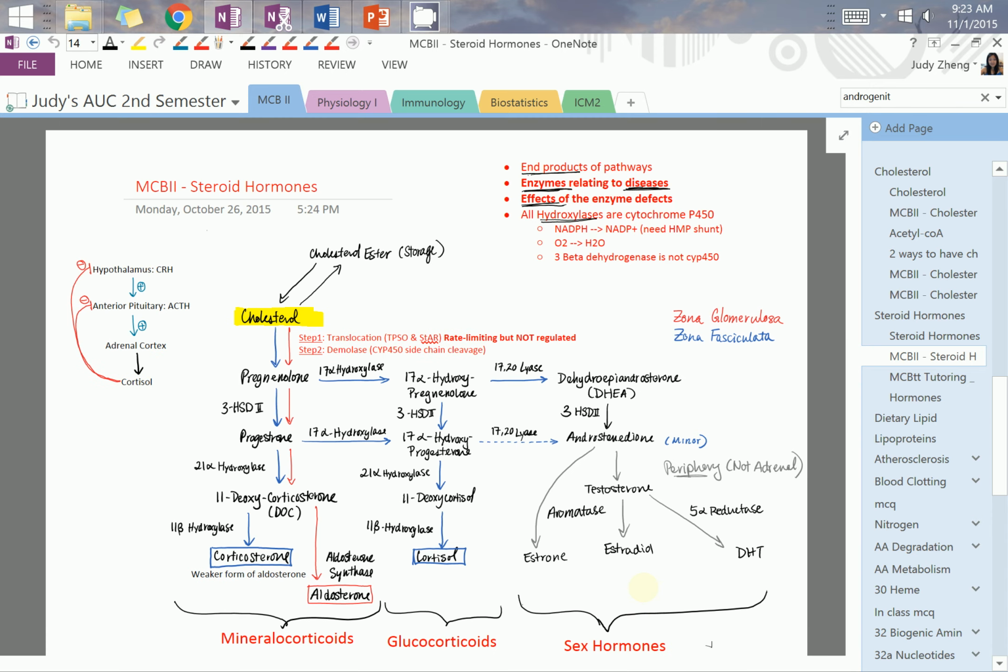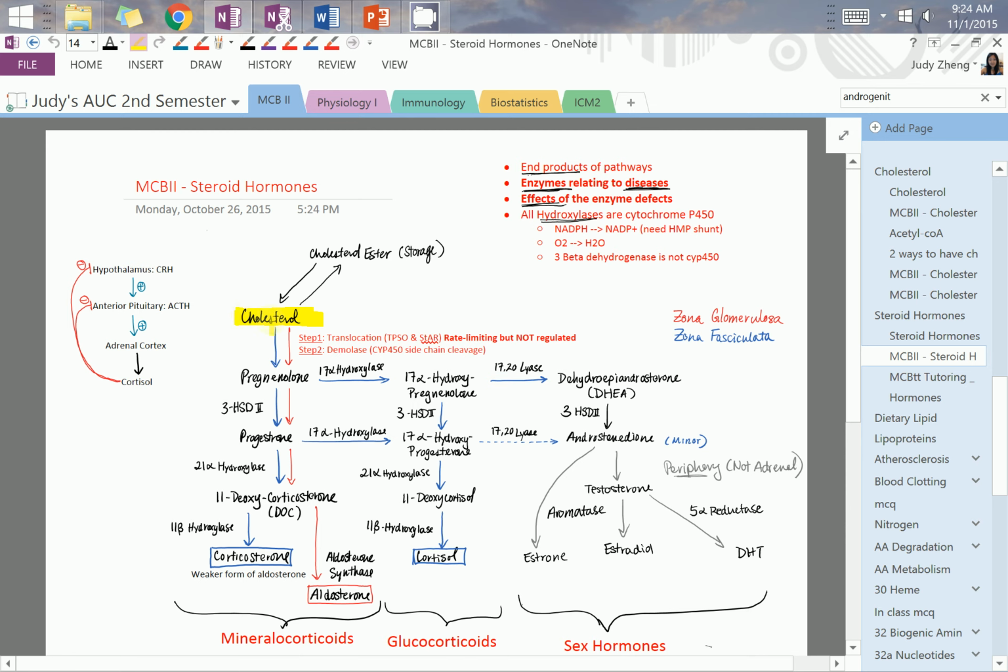Okay, so let's talk a little bit about the pathway in very general terms. And I will highlight the ones that you probably need to know by name, but most of them you do not. So cholesterol, the cells can make from scratch, or they can get from the plasma in the form of LDL, and pretty much all the cells in the body have LDL receptors.